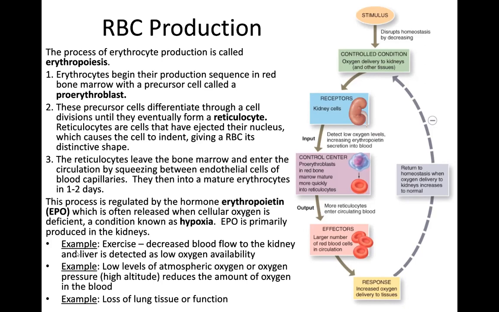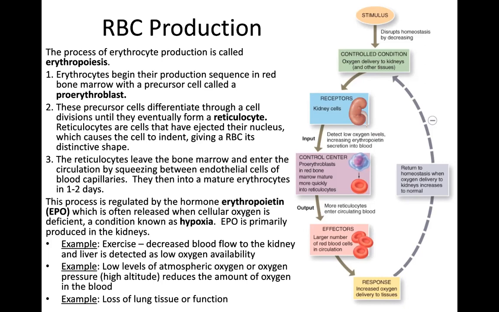Okay, for example, exercise is something that's not a very long-term cause of it, but when you exercise, remember we learned that whenever the sympathetic nervous system is active, we decrease the flow of blood to places like our kidneys and our digestive organs, and therefore that decreased flow of blood to the kidneys and our liver is detected as low oxygen availability.